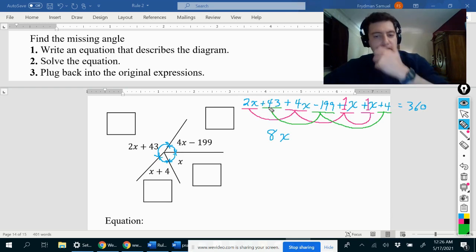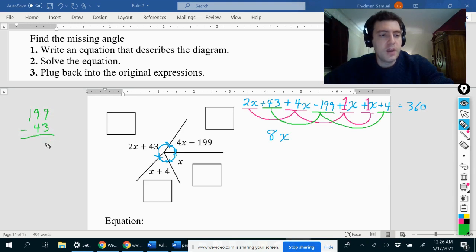So we have positive 43 minus 199. What is that? Well, if we do 199 minus 43, then we would get 156. But we're not doing 199 minus 43. We're doing 43 minus 199. So instead of getting 156, we would get negative 156.